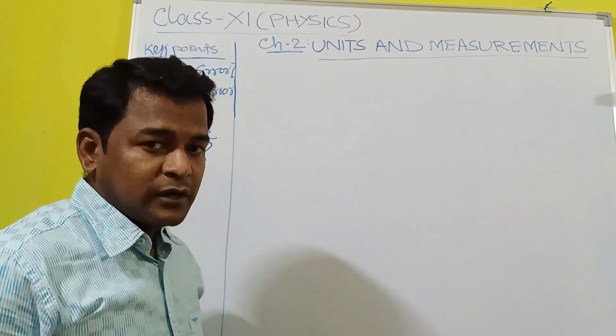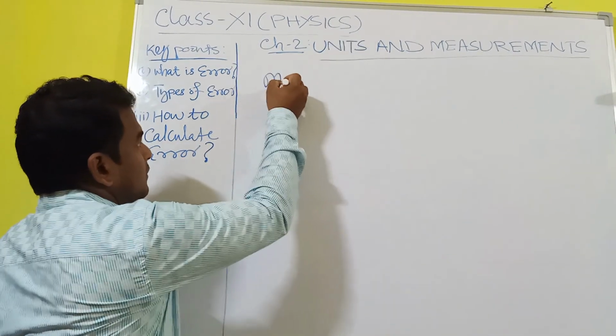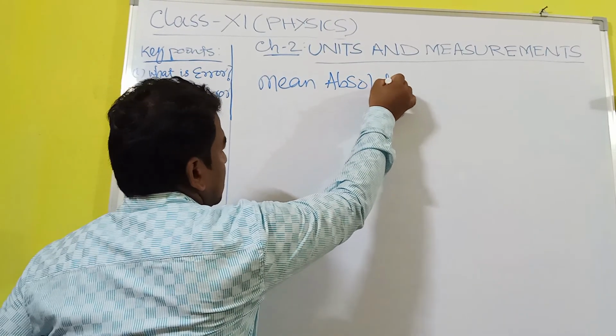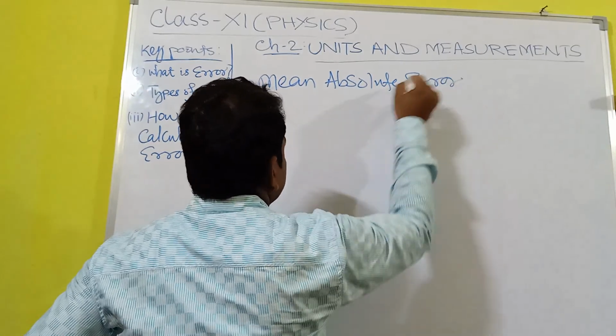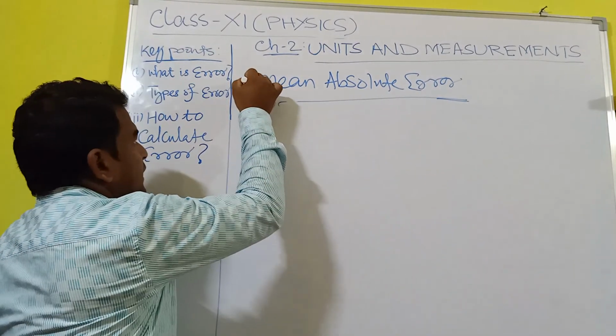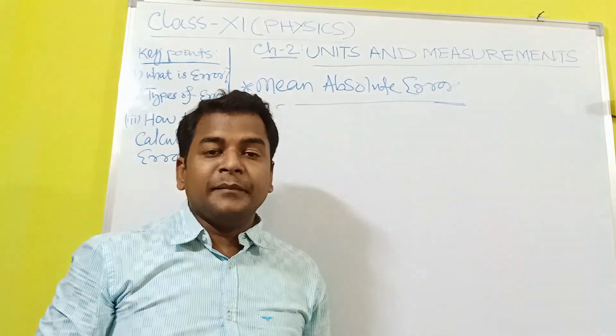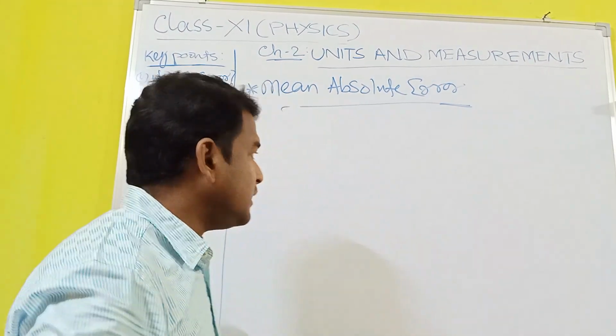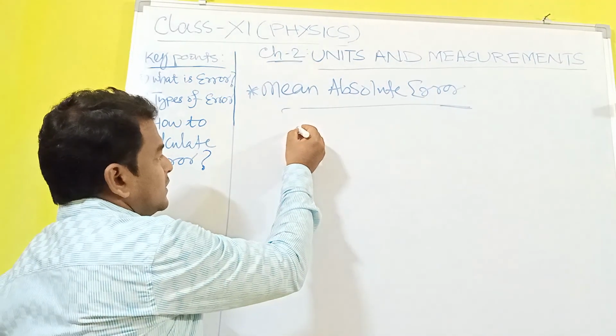Now we will calculate the mean absolute error. Mean absolute error means the mean value of the absolute errors of the individual readings we have calculated.